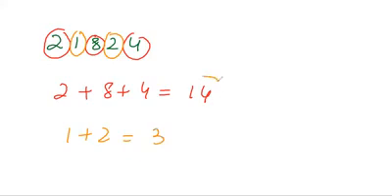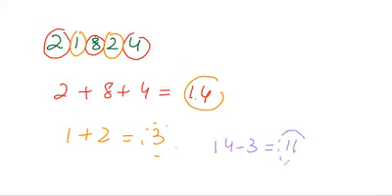Now, subtract both the sums. So it would be 14 minus 3, and you get 11. So 11 is a multiple of 11, definitely. So it means this whole number is divisible by 11.